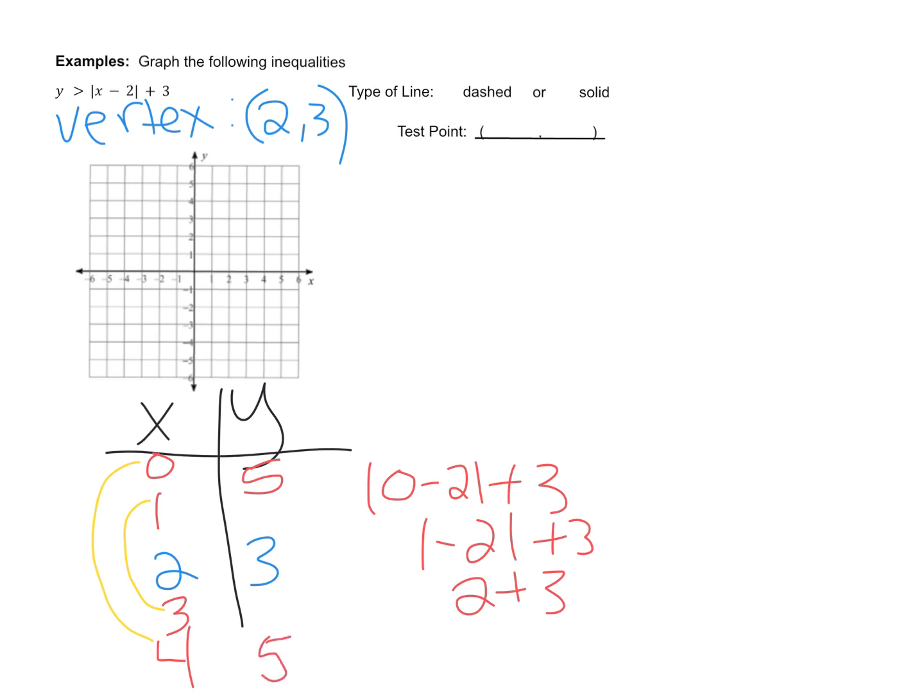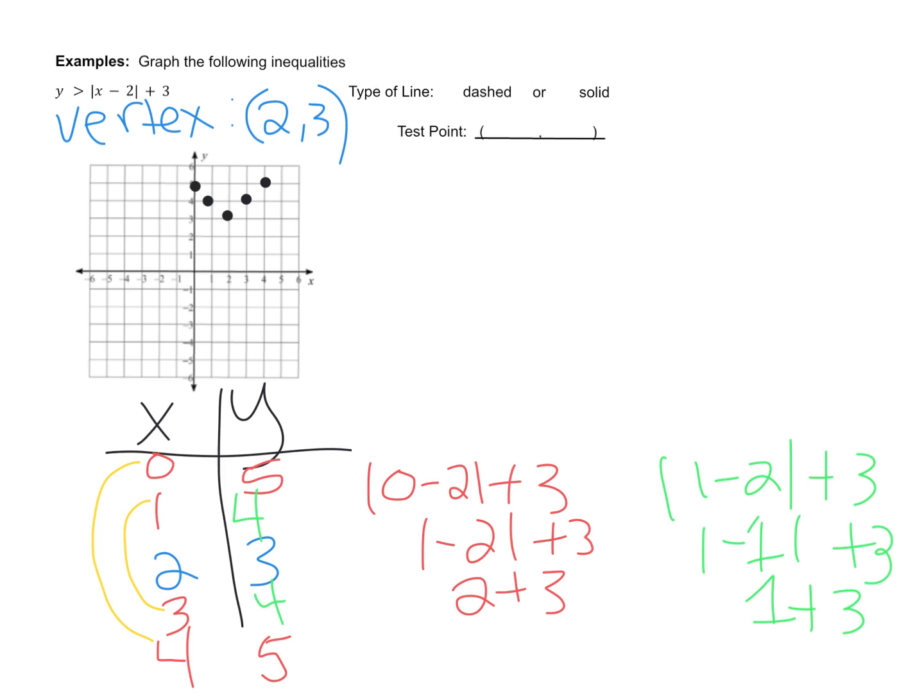Then if I plug in 1 for my x value, I'm going to have the absolute value of 1 minus 2, plus 3. 1 minus 2 is negative 1. The absolute value of negative 1 is 1, and 1 plus 3 gives me 4. So I'm going to take a moment and plot these 5 points on my coordinate plane.